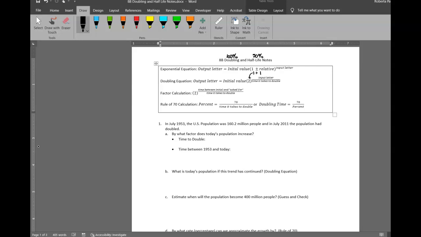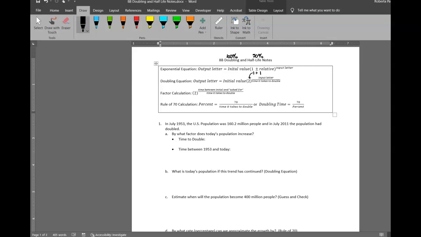Okay, and then because we're talking about how long it takes to double, we want to think about it's not just the input letter, but also the length of time that it's taking this situation to double. Now remember, what's in the parentheses is called a factor, but now we also have to account for the time between the initial value and what's asked for. So what's that time period? And the time it takes to double.